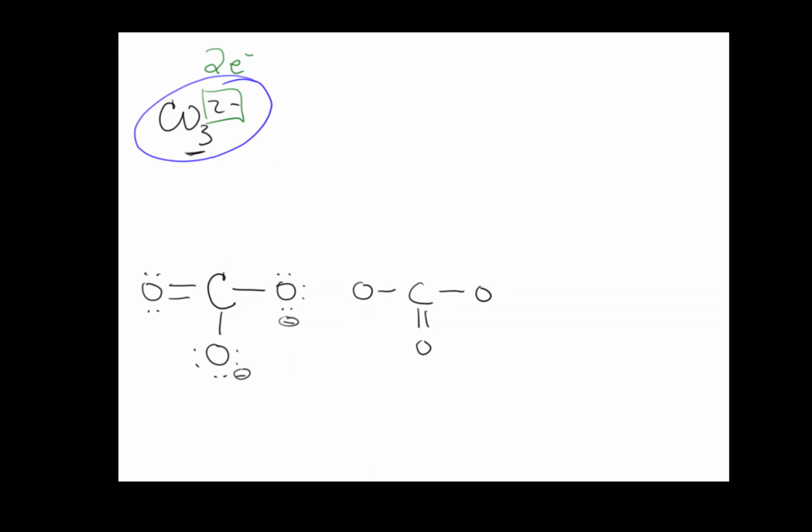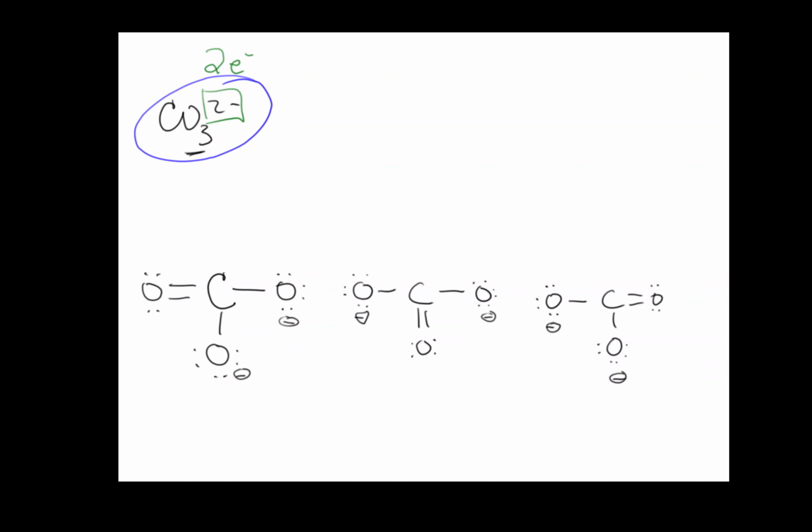Let me put in my lone pairs. Alright, was there any other location I could have put it? The answer is yes. Notice I'm sticking with that same backbone idea. And there's my resonance. All right, so those are my three possibilities.